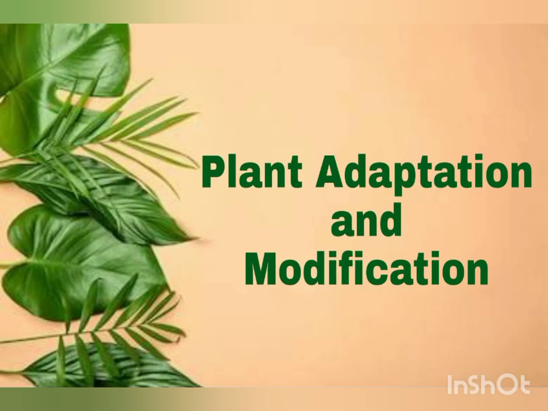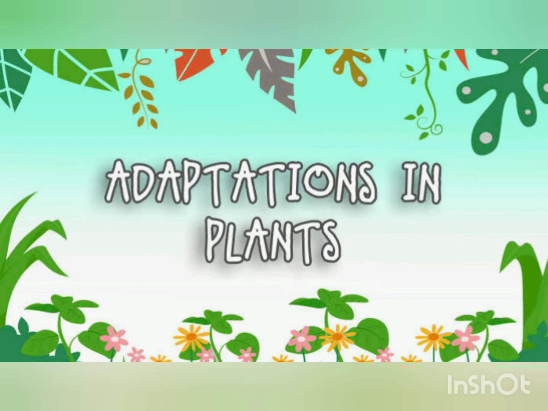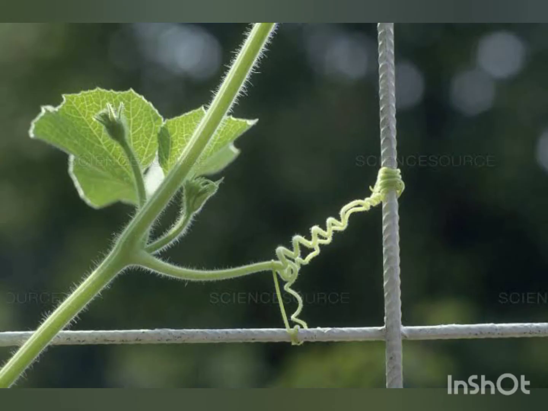Next, plant adaptations and modifications. Adaptations are special features in plants which help them to survive in the habitat. They live over a long period. In this chapter, let us study some adaptations like tendrils, twiners, and thorns. These adaptations are seen in plants which live in terrestrial and desert habitats.